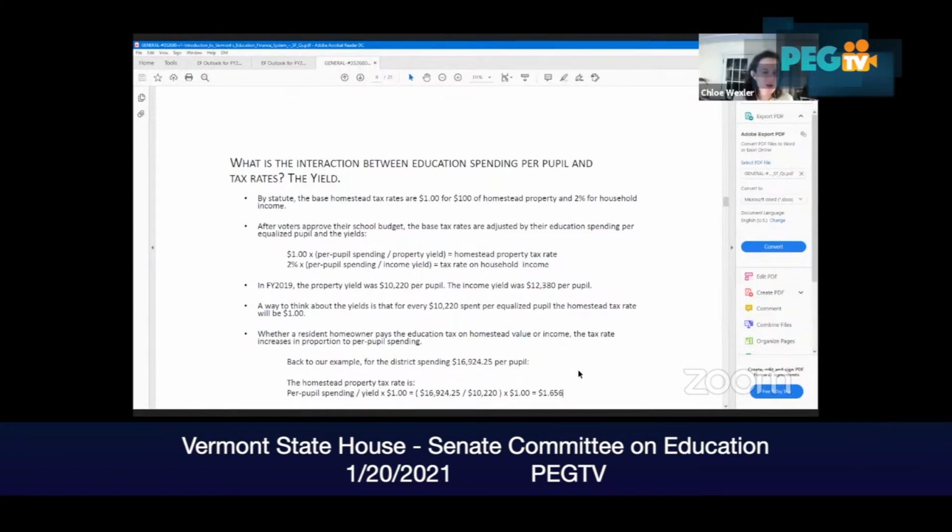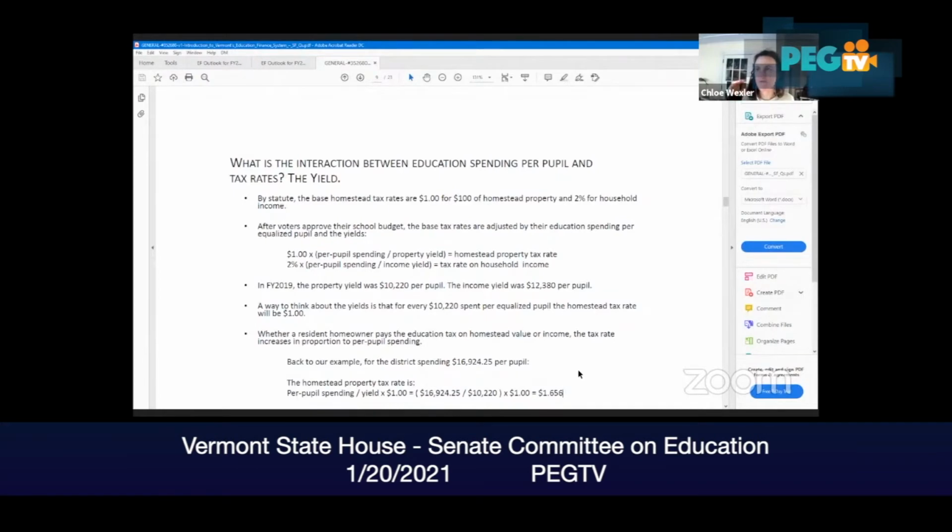No, it is all interrelated, because we try to set the tax rates so that every type of property taxpayer will experience the same average increase.